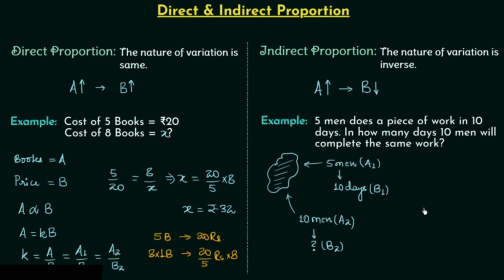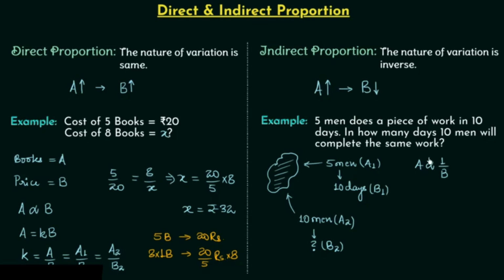Now let us shift our focus to finding the number of days 10 men will take to complete this work. We know they are inversely proportional, so we will have the proportionality sign and the other quantity will be inverse. Here it was not inverse because we had direct proportion, and here it is inverse because we have indirect proportion.